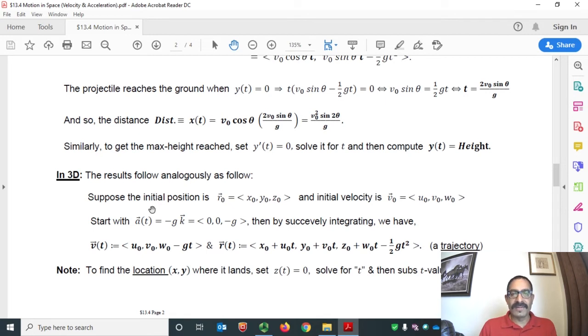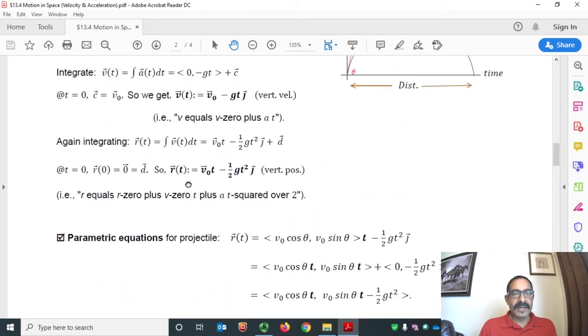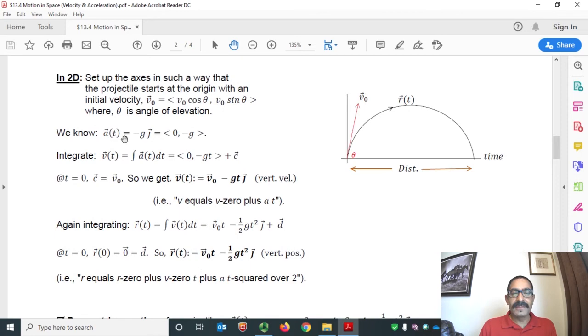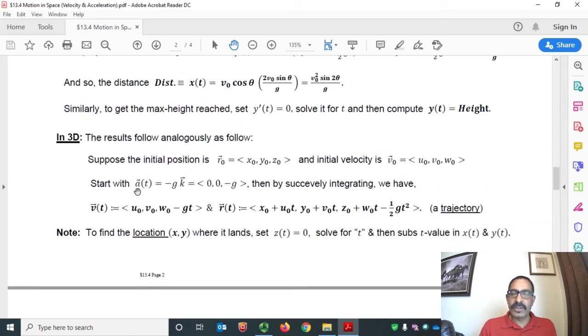Take another integration of velocity, and it gives you the position vector. So that's the idea. In the 2D case, start from here and derive all these things for the actual problems, and for the 3D case, start again from the acceleration and find the respective formula. I hope this makes sense to you all.